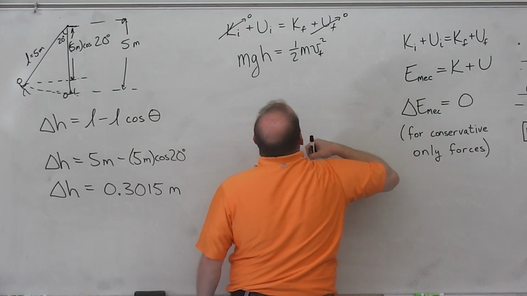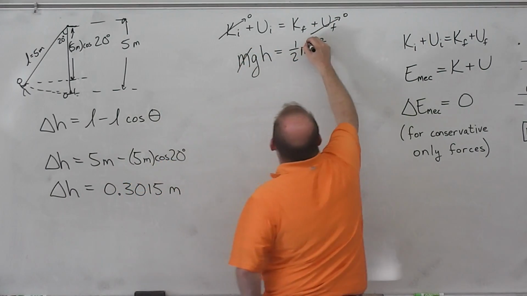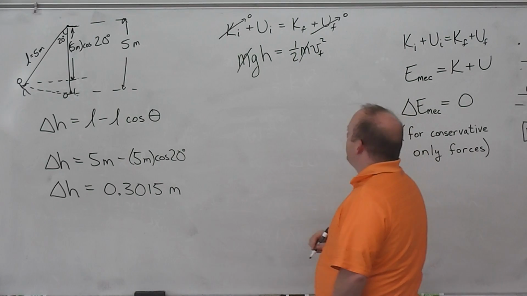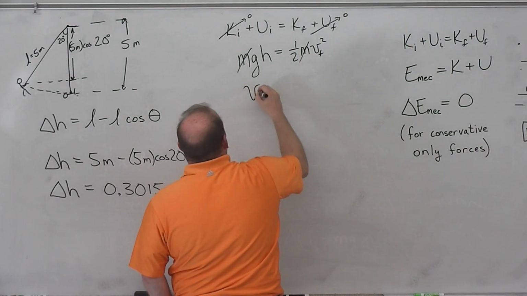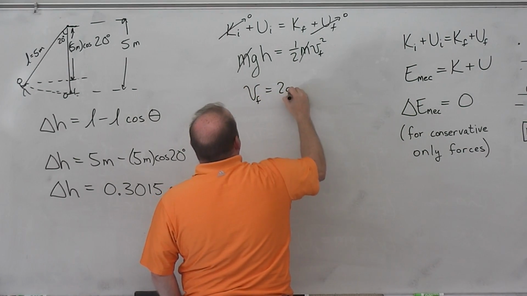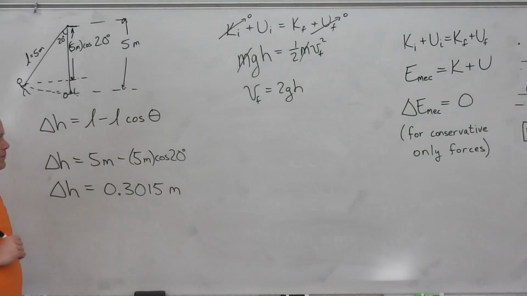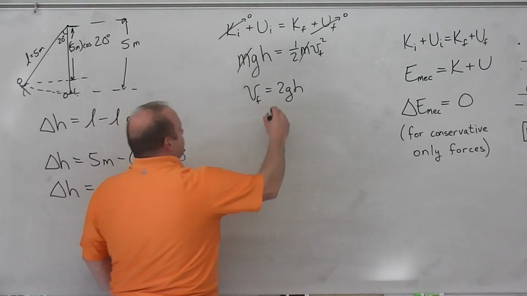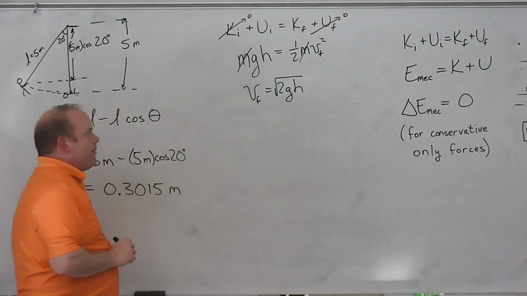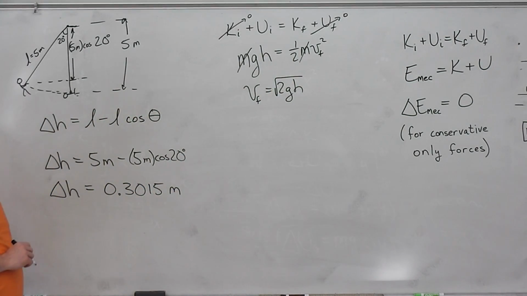This is 0. M's drop, so my final velocity is equal to the square root of 2gh, which is very helpful.